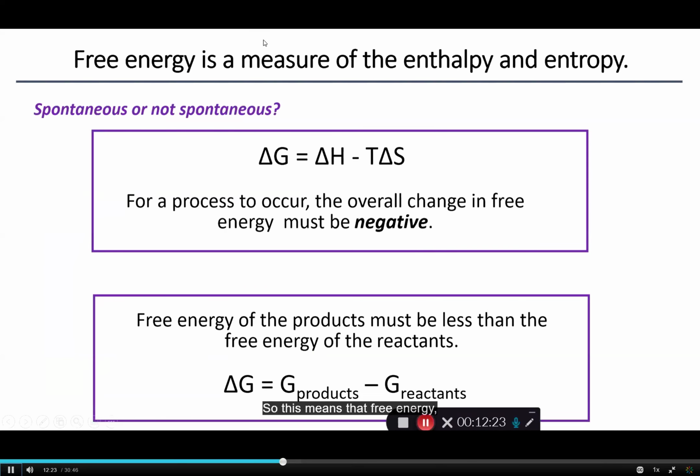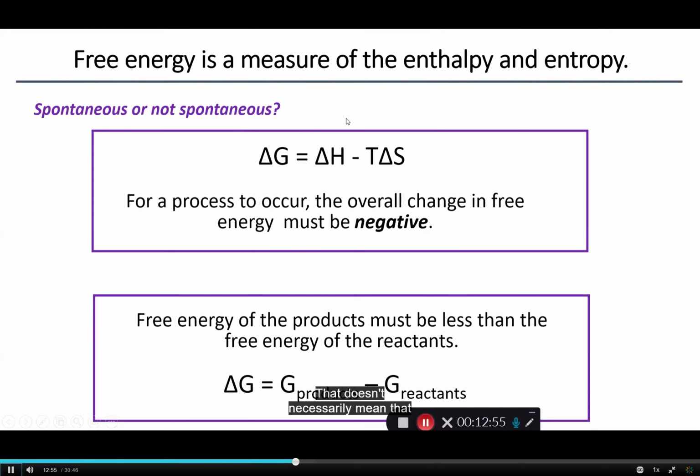So this means that free energy, or delta G, is a measurement of enthalpy, or the change in heat in the system, and also entropy, or the change in disorder. And this is also related to temperature. And so we can represent the overall free energy change by this equation: delta G equals delta H minus temperature times delta S. And for a process to occur, the overall delta G must be a negative number.